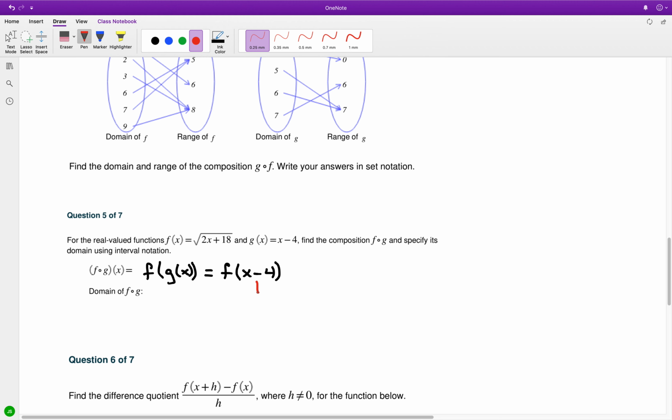Now with x minus 4, this is a linear statement, so we don't have any restriction so far. The input has no restriction, and the domain of this composition will come from combining the restrictions, if any, between the input and the output. Operating along the lines of f of x equal to the square root of 2x plus 18, we have the input not at x but at x minus 4.